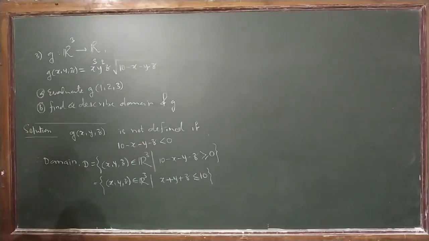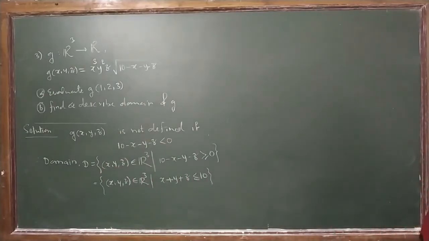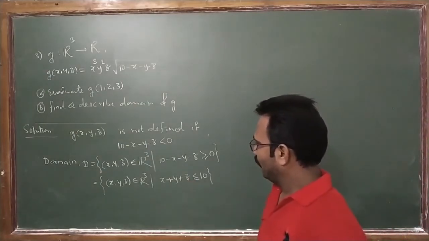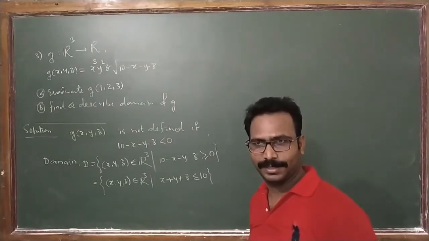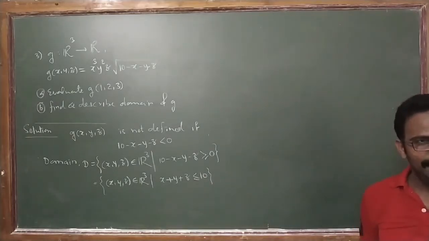So what are those points? X plus y plus z less than or equal to 10. Try to visualize. What are those points in R3 for which x plus y plus z is less than or equal to 10? So draw this plane in R3.